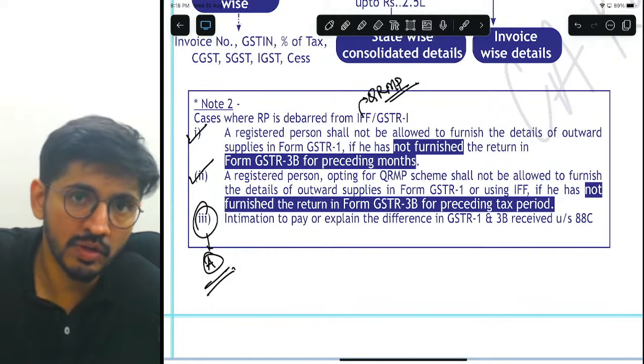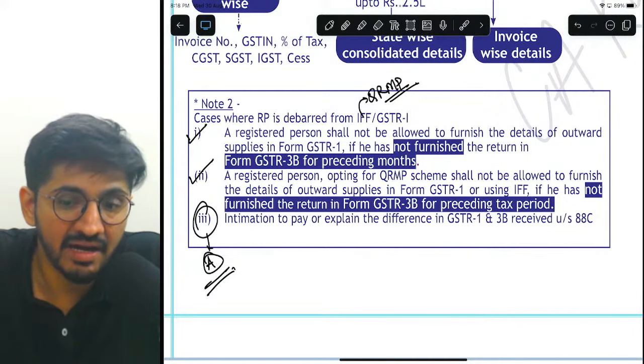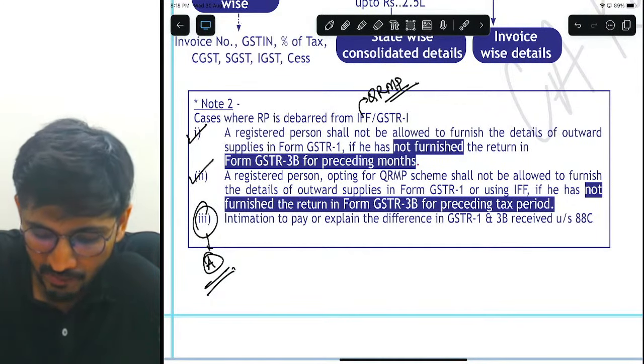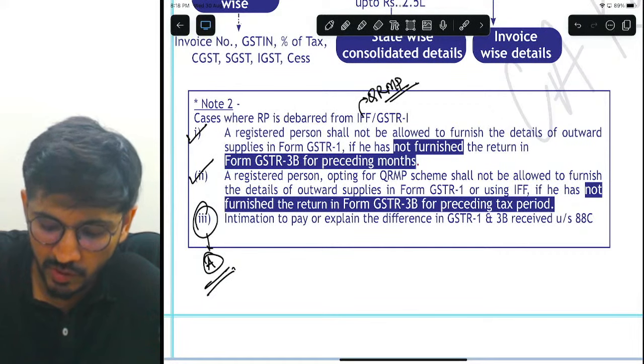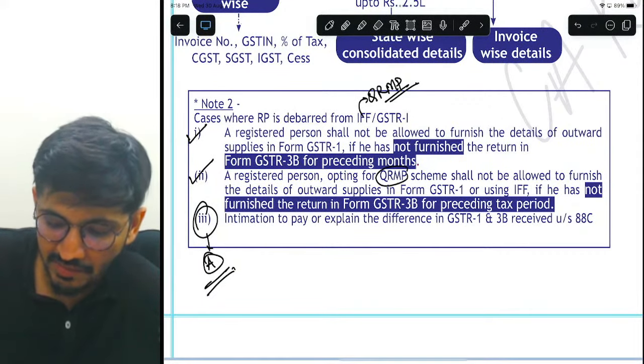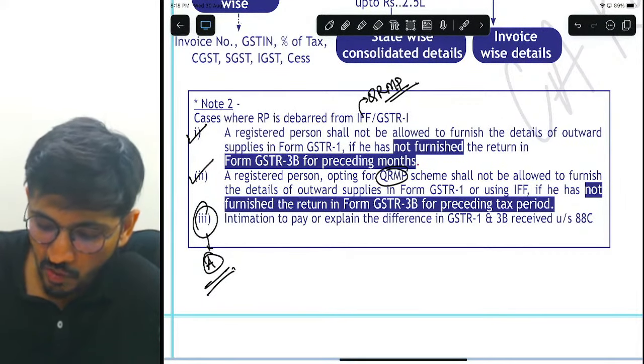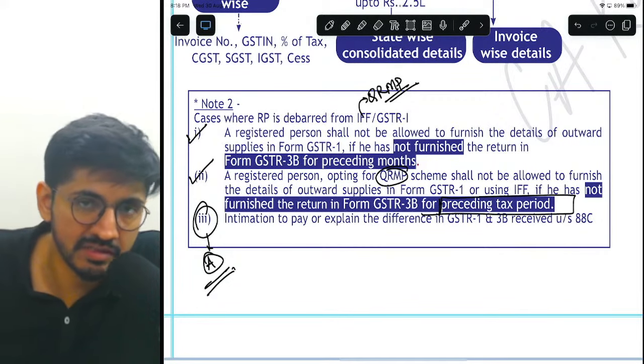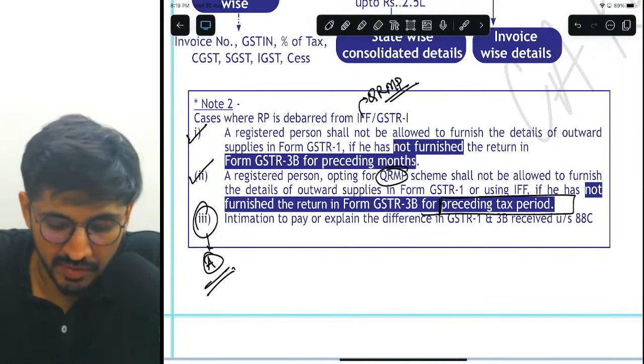So if April's 3B you have not filed, your May GSTR 1 will be banned, debarred. And the same goes, my dear friends, with respect to a person in the QRMP scheme. It is just that the nomenclature is for the preceding tax period, which is basically a quarter, 3 months.